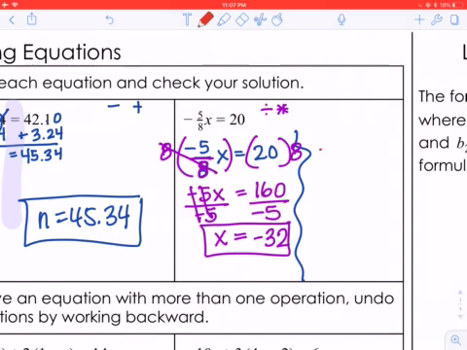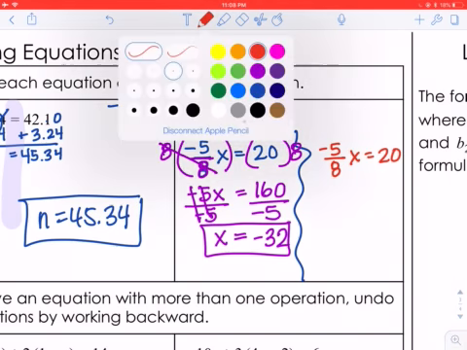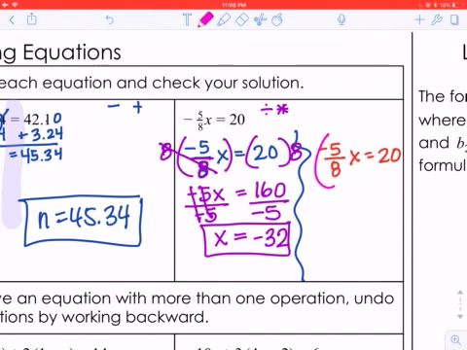The other way you might think about doing this is to get rid of the whole fraction at the same time. So I know that I can multiply by the opposite, what's called the reciprocal. Let's see. So I know that over here I can multiply by negative 8 over 5. And that means that I have to do it to the other side as well, negative 8 over 5.